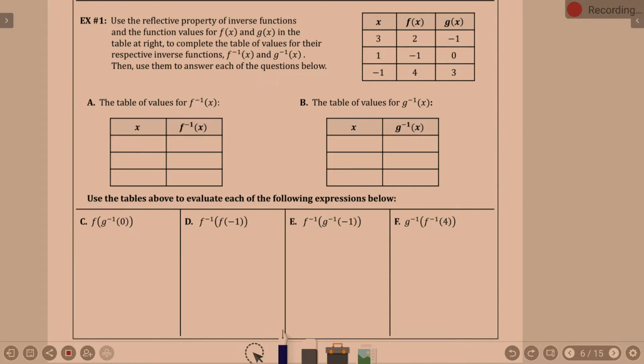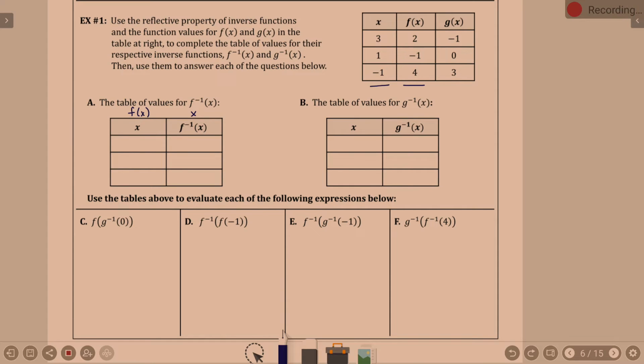We're going to use the x and f of x columns, right? Basically, this is going to be f of x, and this is going to be x. So take those columns and write them down.